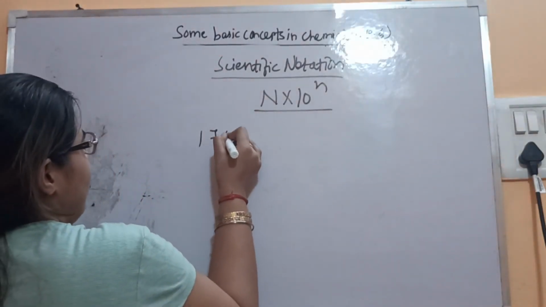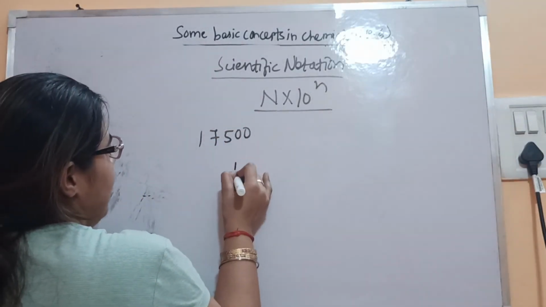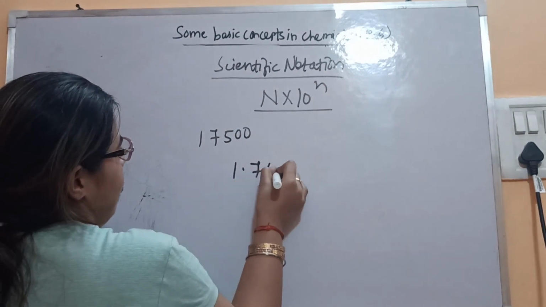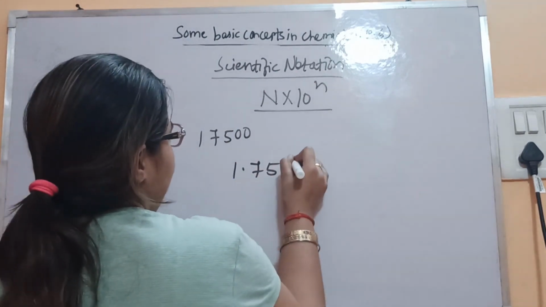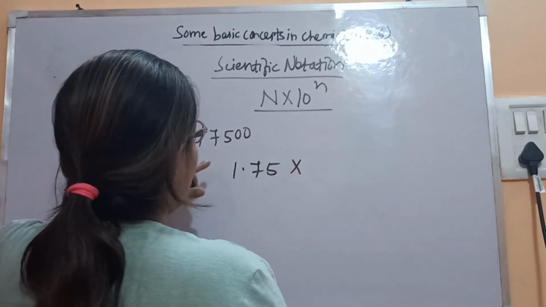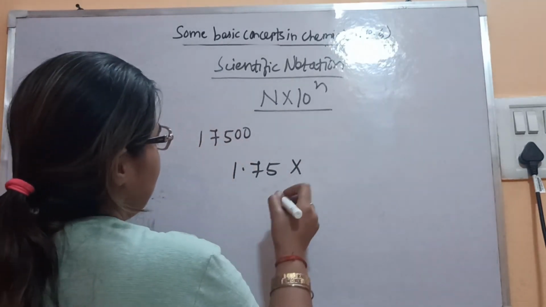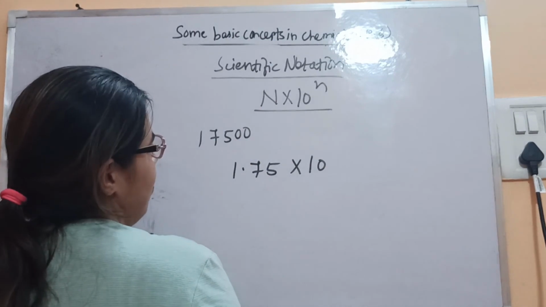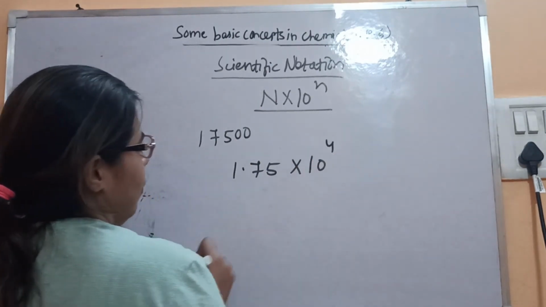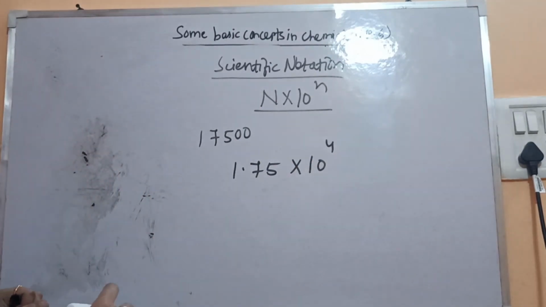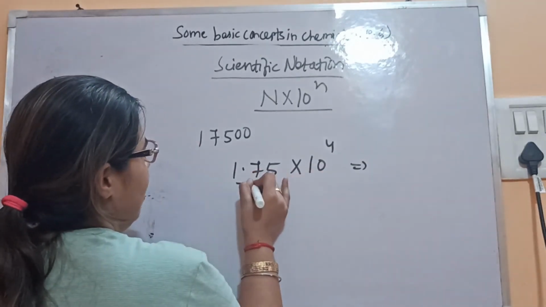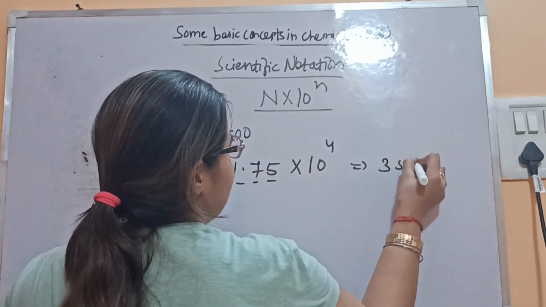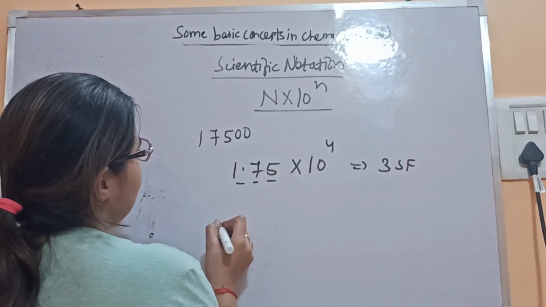So 17500, write in scientific notation: 1.75 into 10 to the power, so we are moving 1, 2, 3, 4 places left, left means positive 4. Here how many significant figures? 1, 2, 3. 3 significant figures.